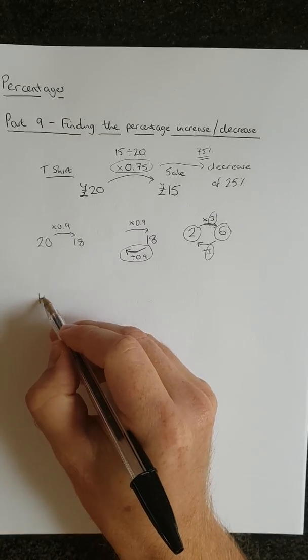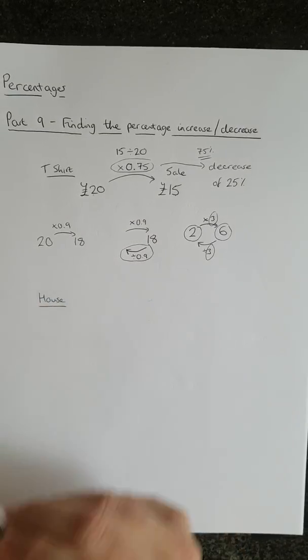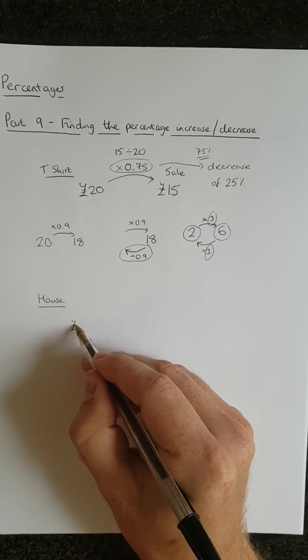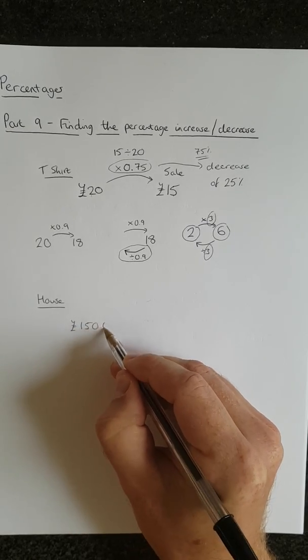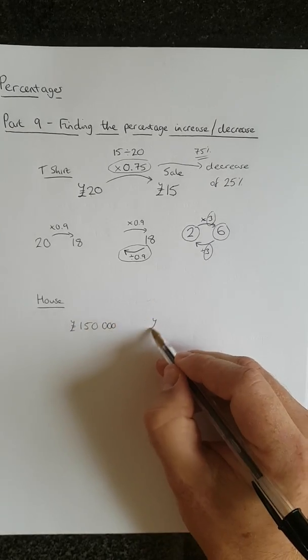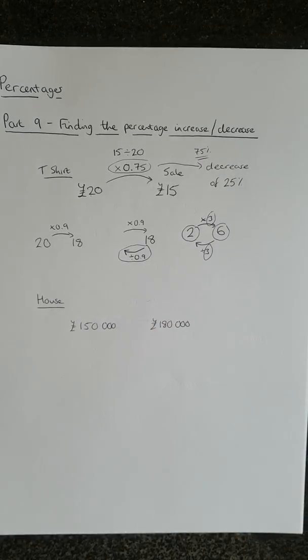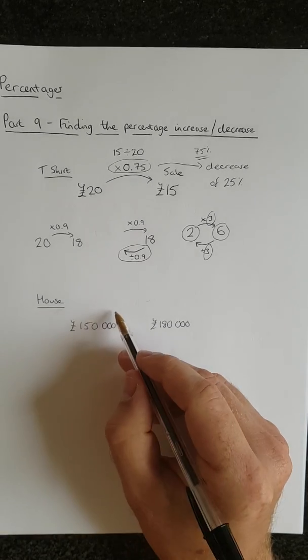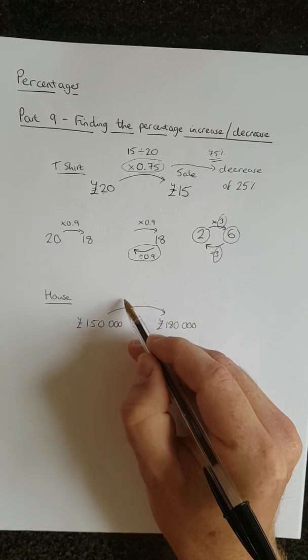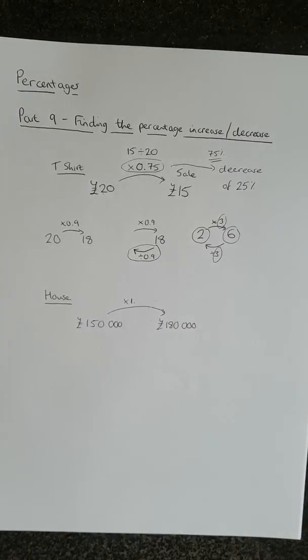So let's go back to the house, which is going to start at 150,000 and increase to 180,000. So I already know it's multiplied by 1 point something because it's increasing.